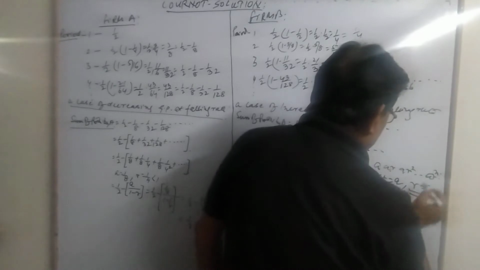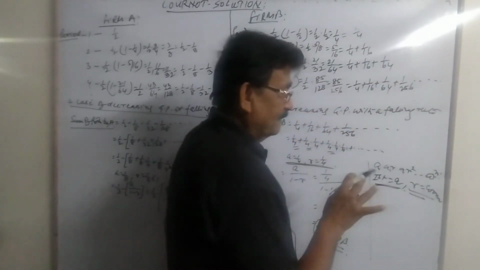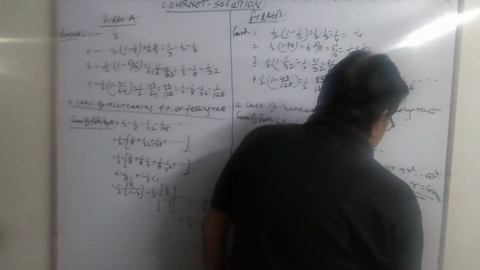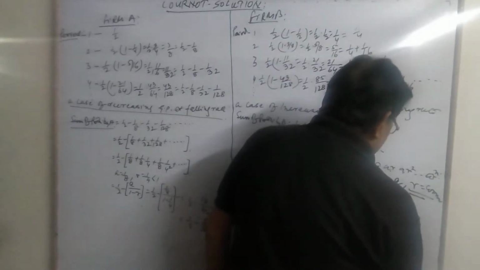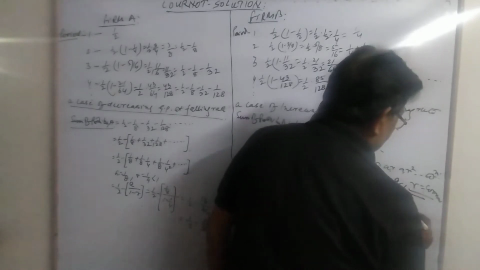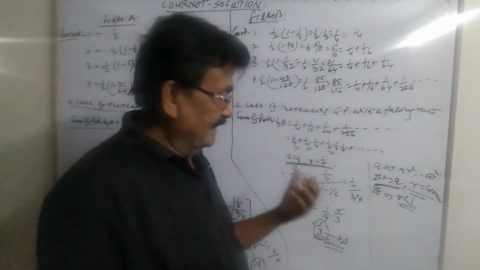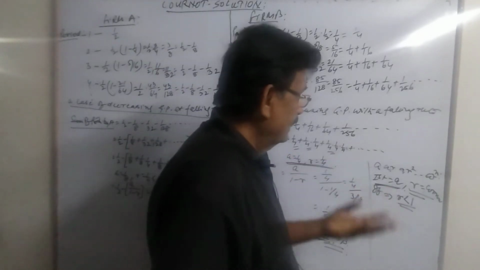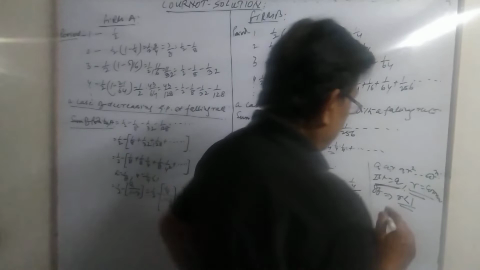Now this common ratio can have two possibilities. If this common ratio is less than 1, which will be the case here, in both of the cases we shall have R less than 1.